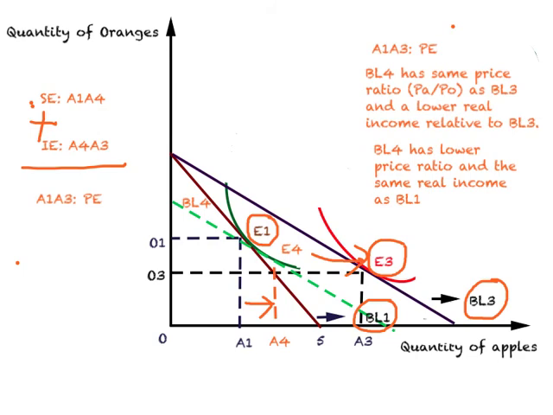So what this diagram is telling you is the following. Number one, we can break down price effect into income and substitution effects. And what is the relationship between these three? Price effect is a sum of substitution and income.